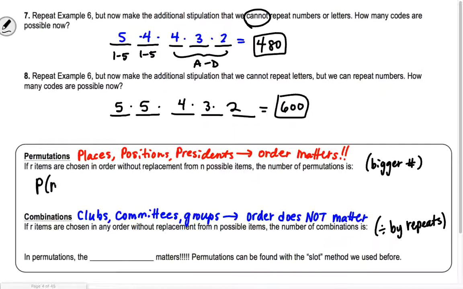So for permutations, which I might see as P(n,r) or nPr on your calculator, it ends up being n factorial divided by n minus r factorial. And combination starts out the same way.